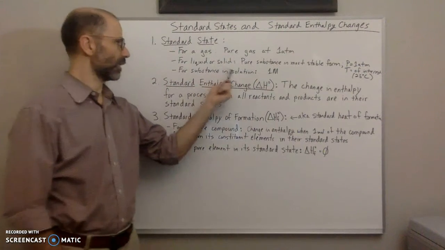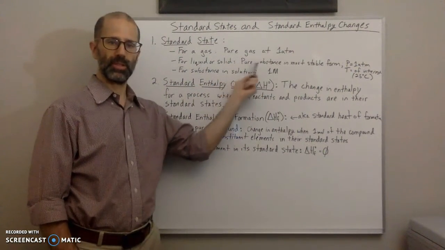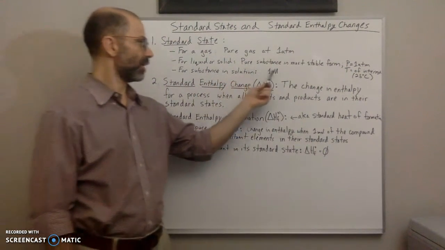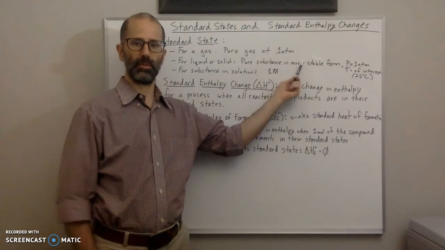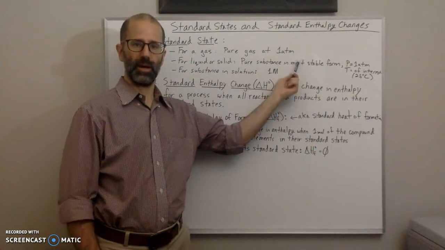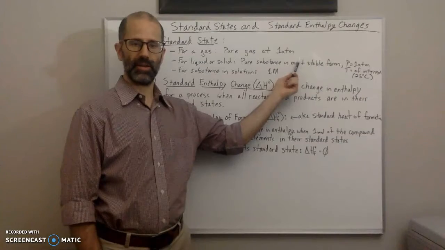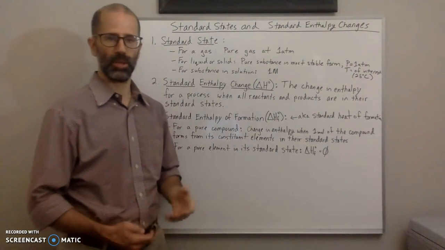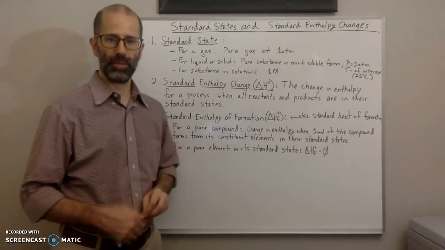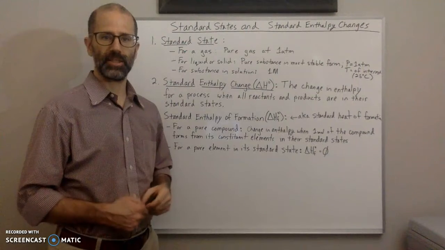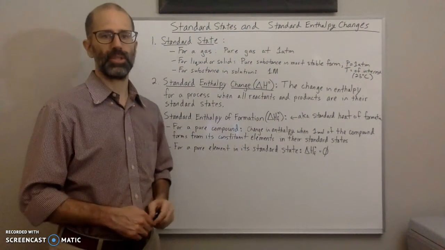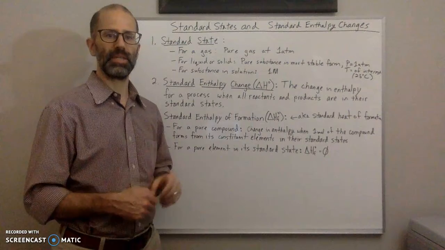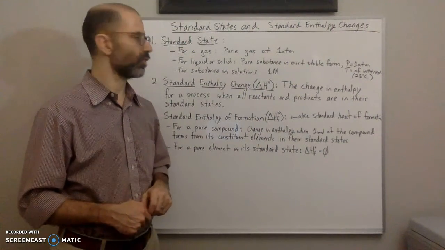For a liquid or solid, again, it must be a pure substance, and in addition, it must be in its most stable form, and whatever that stable form is, that's decided as the standard. For example, for carbon, the most stable form is graphite, so pure carbon in the graphite form is the standard form of carbon.